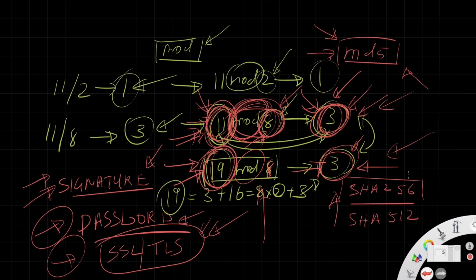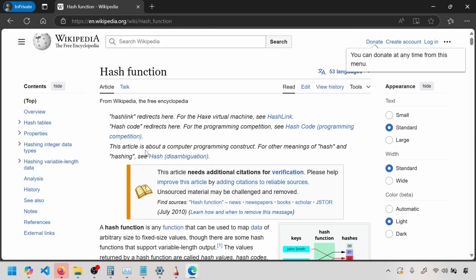Before we wind up the hashing session, let's have a quick look at the Wikipedia page of hashing, just to make sure that we have covered some of the details we need. So this is the Wikipedia page for hash function. A hash function is nothing but the function which does the hashing operation, if you will.